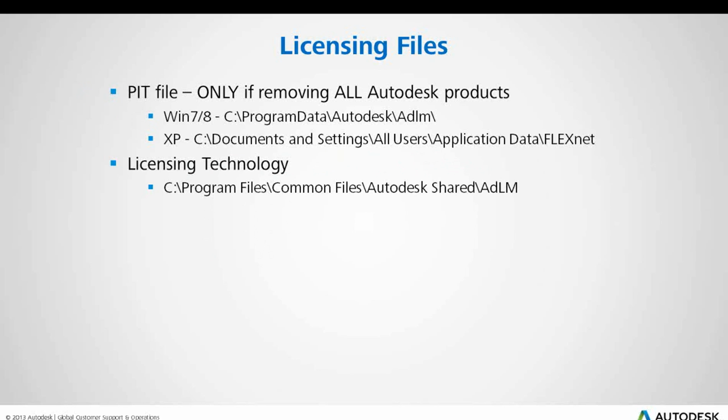But sometimes that file can get corrupted and it will prevent the reinstall of the software. And so you have to go in there and manually delete it on occasion. And then finally, if you're using the standalone, normally is where you'll see these, there's another folder that has files for our licensing stuff, which is under C:\Program Files\Common Files\Autodesk Shared\ADLM.